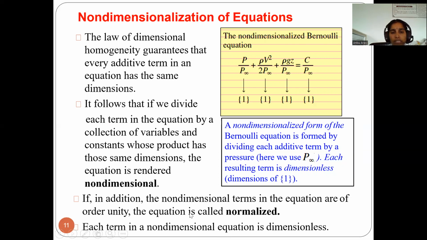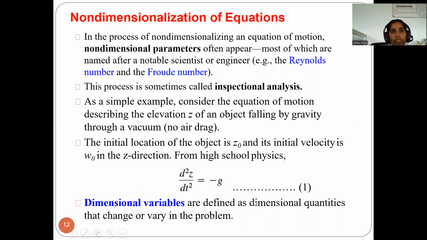If in addition the non-dimensional terms are of order unity, the equation is called normalized. Each term in a non-dimensional equation is dimensionless. In the process of non-dimensionalizing an equation of motion, non-dimensional parameters often appear, most of which are named after a notable scientist or engineer, for example the Reynolds number and the Froude number. This process is sometimes called inspectional analysis.